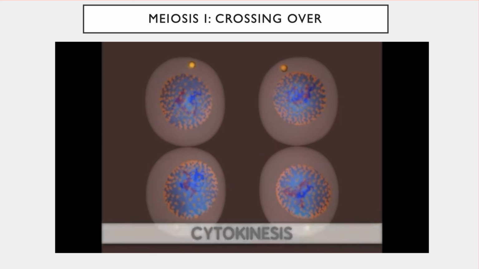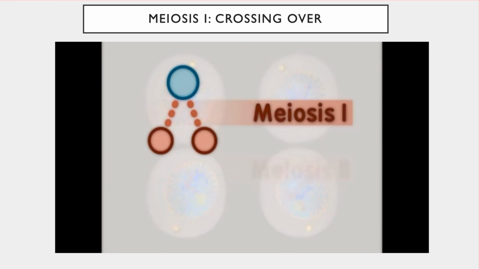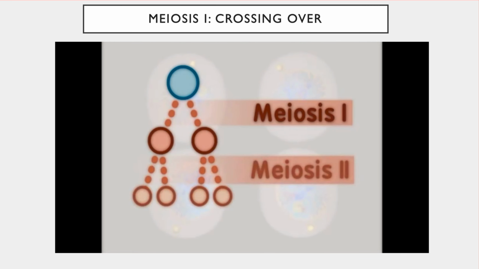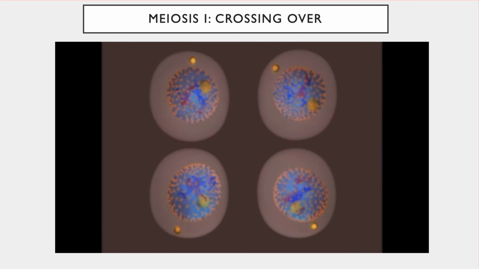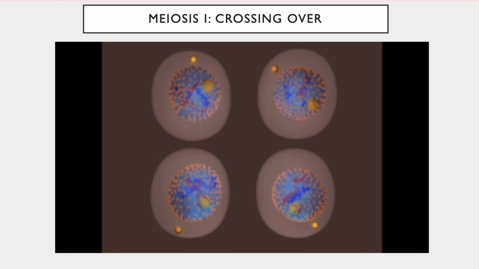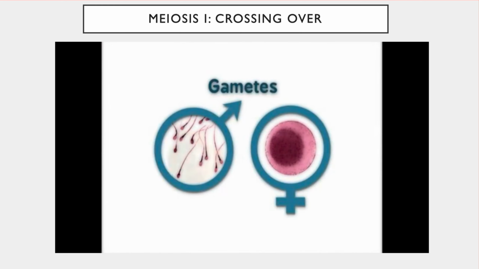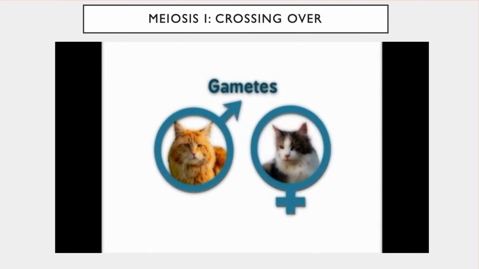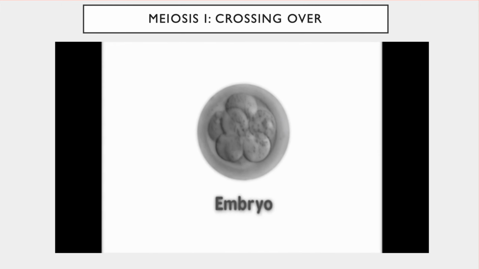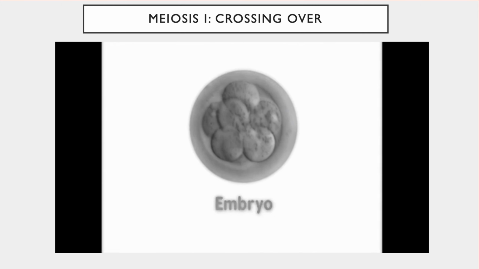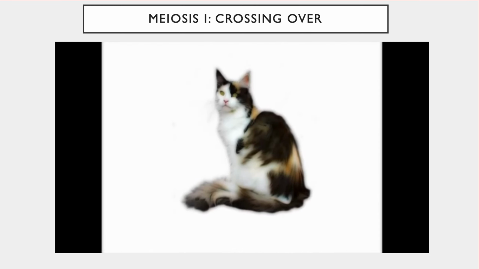Since meiosis 2 began with two cells, and each of those cells were split into two cells, we now have 4 unique haploid cells at the end of meiosis. These cells are gametes. 2 gametes, one from a father and one from a mother, may fuse to produce a diploid embryo. The resulting embryo then grows through many cycles of mitosis.